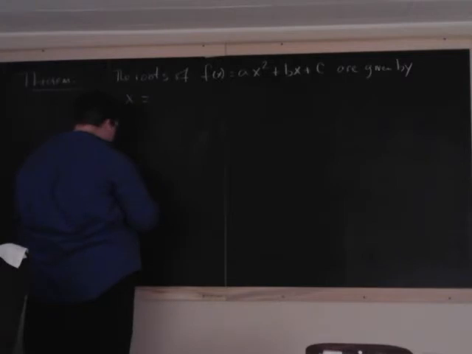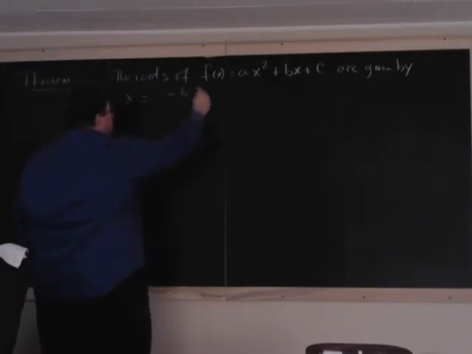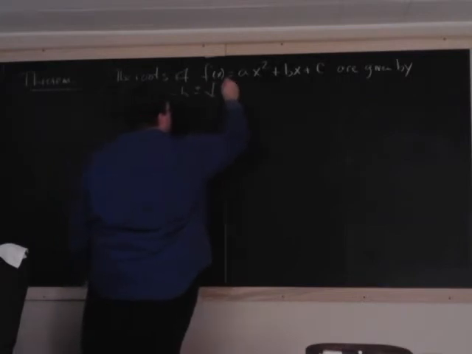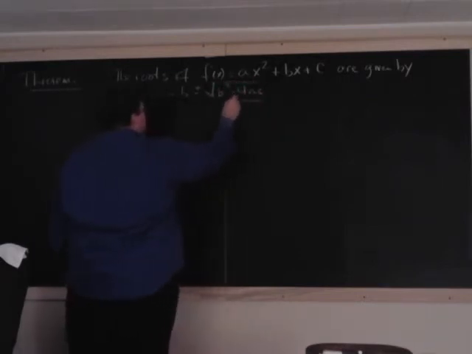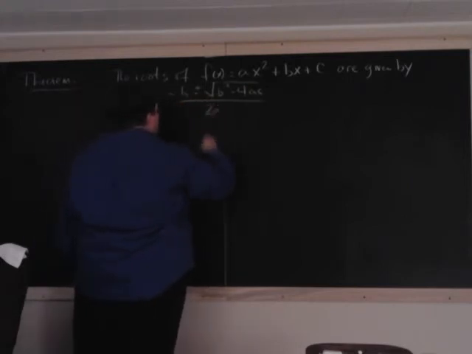What is it? It's negative b plus or minus root b squared minus 4ac over 2a.